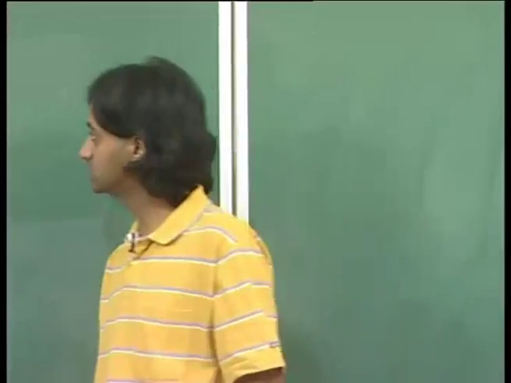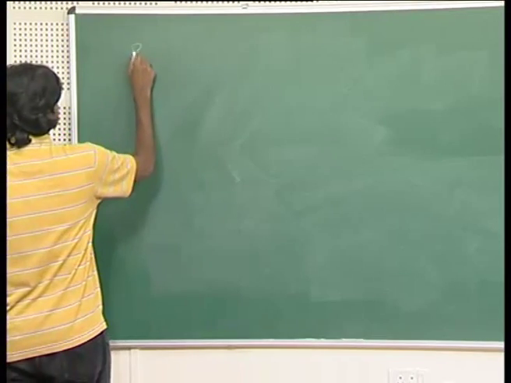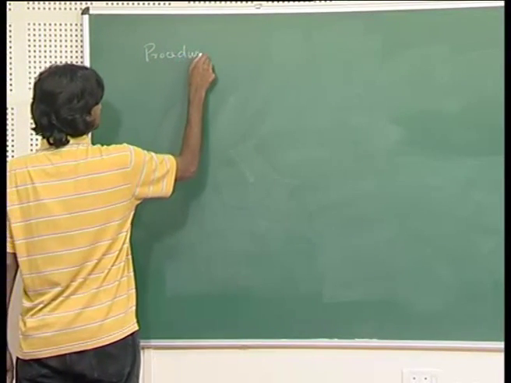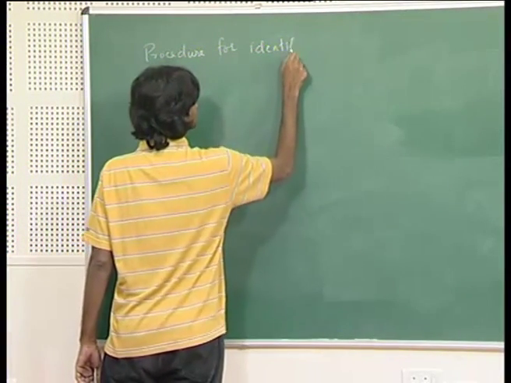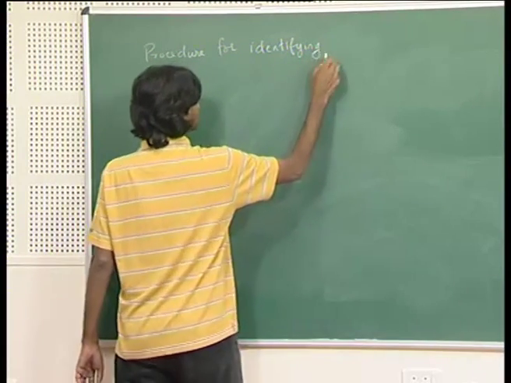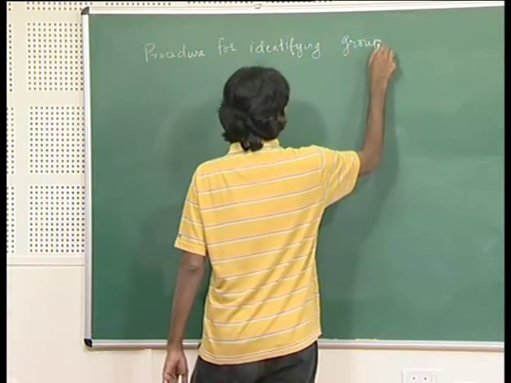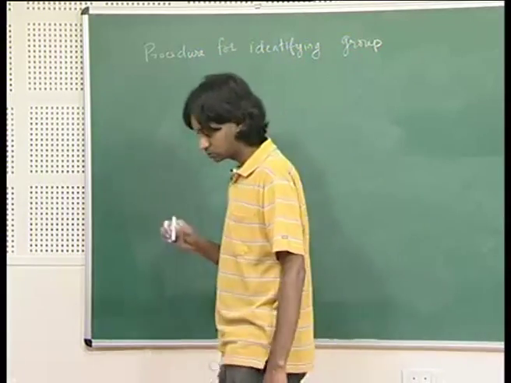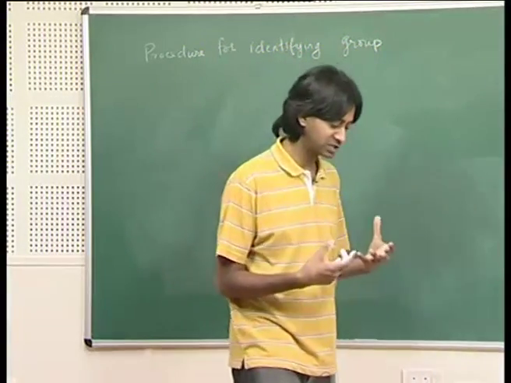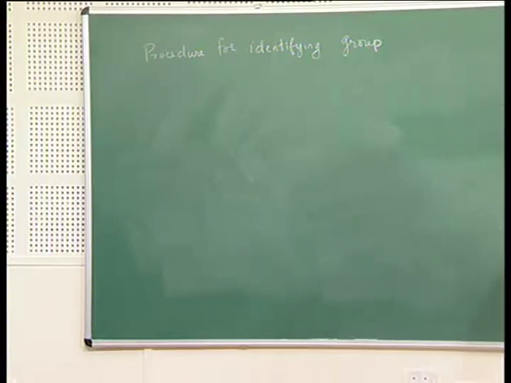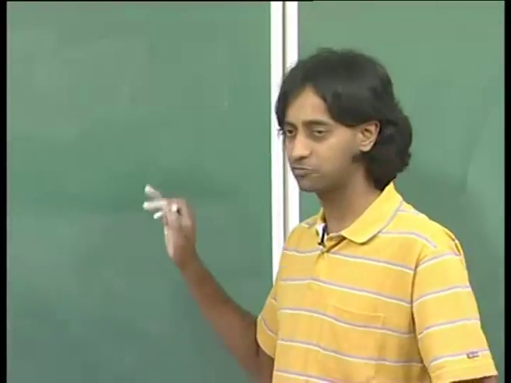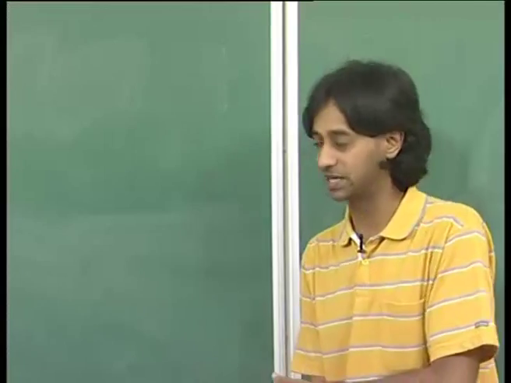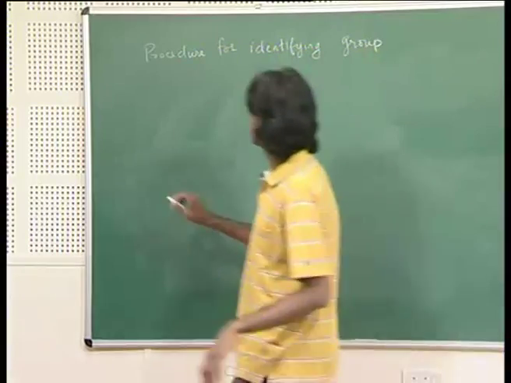So, this is a procedure for identifying the group. The idea is you have a molecule, you have all the symmetries. Suppose you know all the symmetries, how do you identify which group it lies in? This is a summary of what we have been talking about in the last 2 or 3 lectures. So, this is a summary.